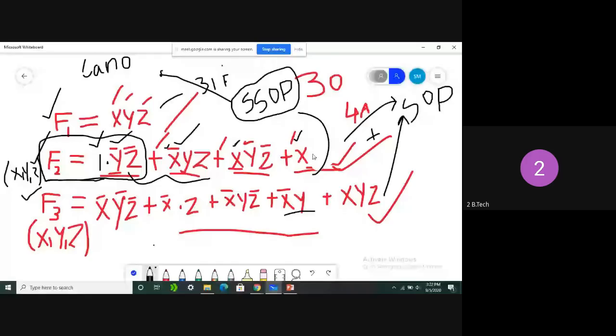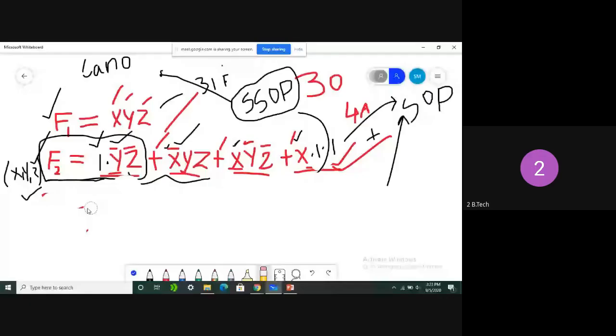Again in the third term also, I multiply with 1 instead of Y. Again I multiply with one more 1 instead of Z. Now the form is clear, and no more changes occurred to F2 by multiplying with 1 and 1.